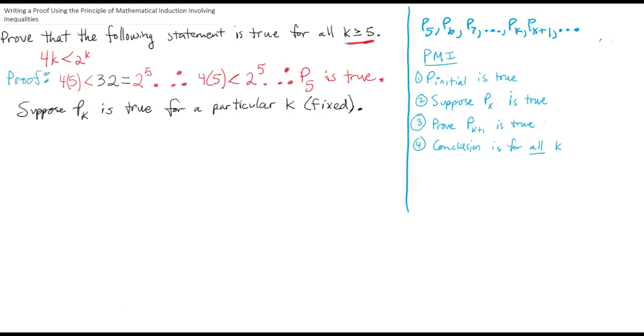So what does this mean? This means 4 times k is less than 2 to the k. And for now, we're going to envision that this k is fixed.